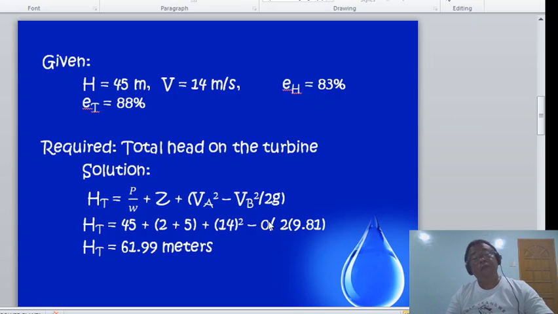The velocity at the final is 0, divided by 2 times 9.81. So the total head now is 61.99 meters. Okay, so this is very easy.